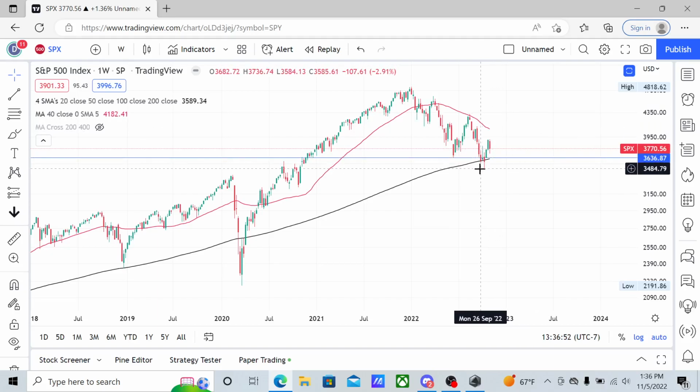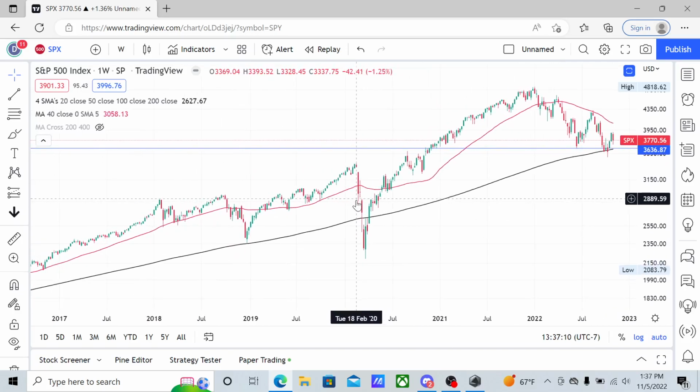A lot of times what will happen is it'll test this 200-week moving average, move up, move back down, retest it, and then it'll either close below it or it'll reject off of it and then continue higher. So that gives you a pretty good indicator.